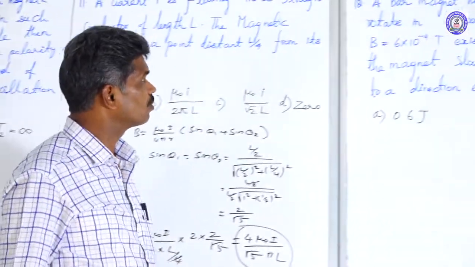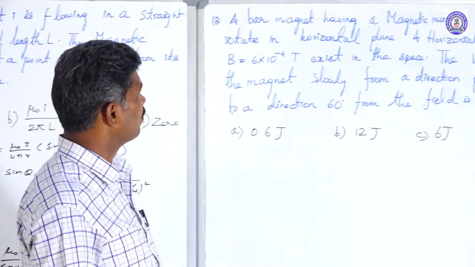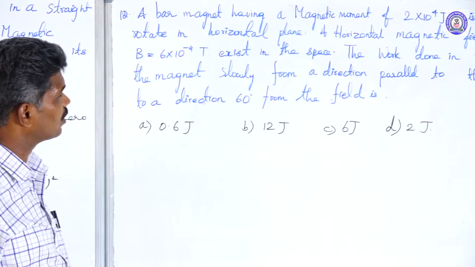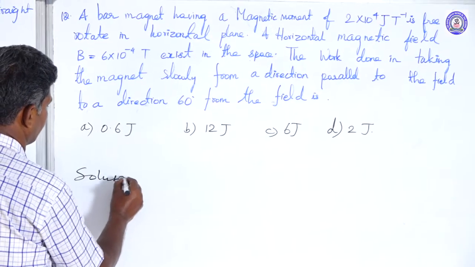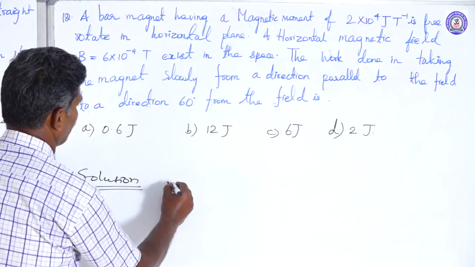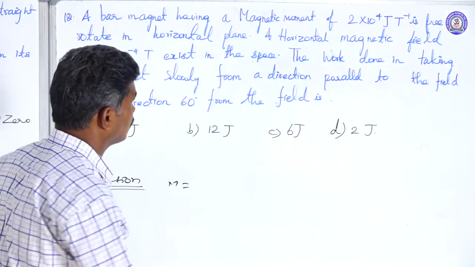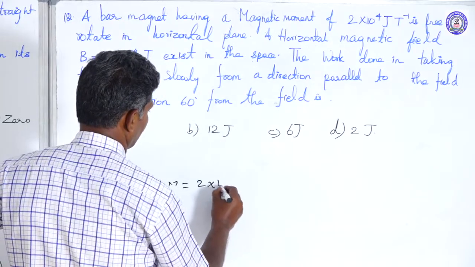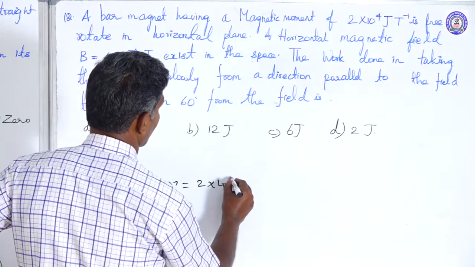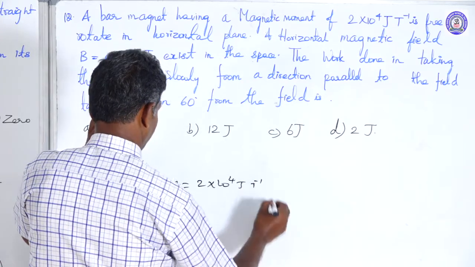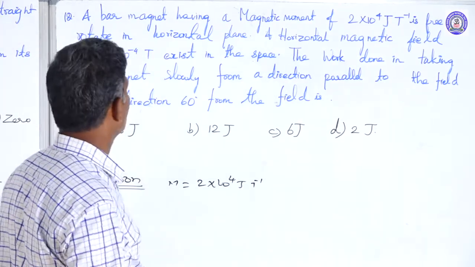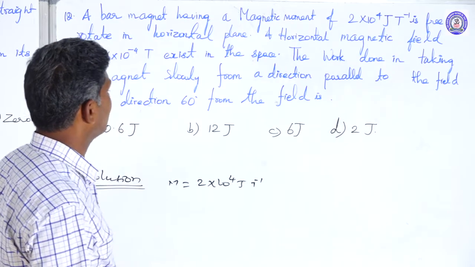Next we are going to the 12th problem. A bar magnet having a magnetic moment M equal to 2 into 10 to the power 4 joule per Tesla is free to rotate in a horizontal plane.